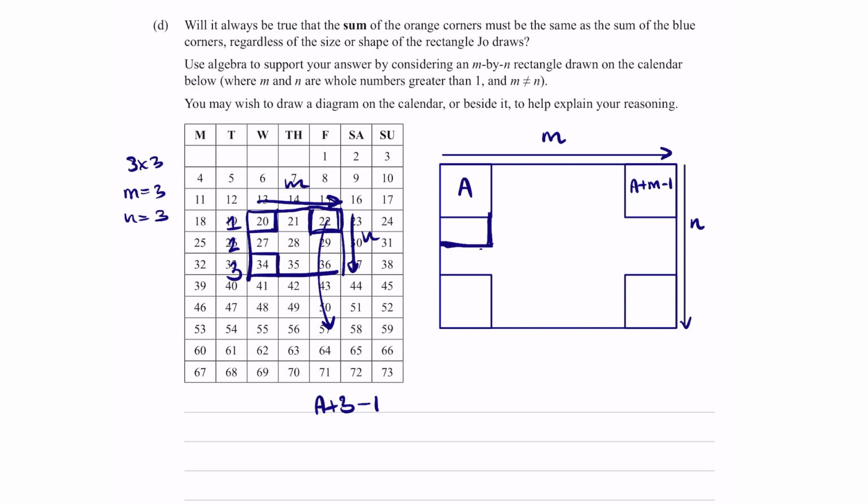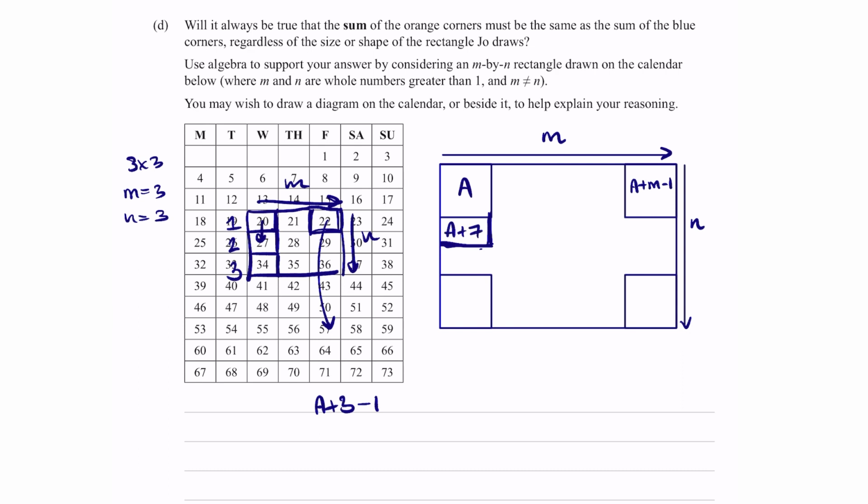Because if you think about it, we're looking at a calendar, and each time we want to go directly down one row, we have to shift by 7 days, because 7 days is a week. And so if we want to get directly to the next week, we have to go 7 across, right? So essentially what we're saying is this is A plus 7, right?